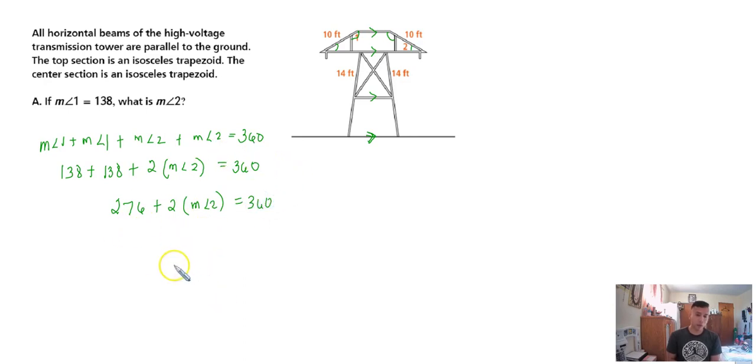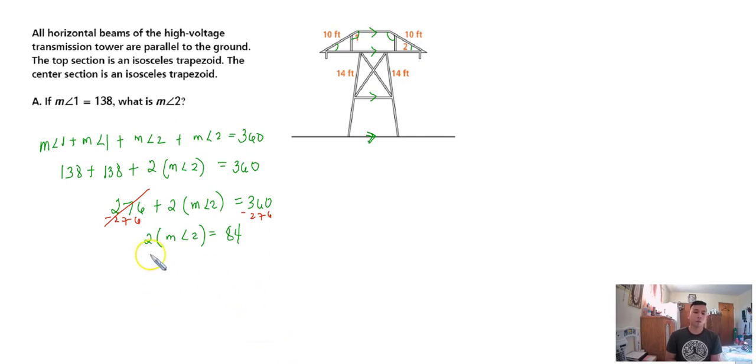So we have twice the measurement of angle 2 is equal now to 360 minus 276, which is 84. Okay, because I did subtract this one, 276, that will be cancelled. So 360 minus 276, that's 84.